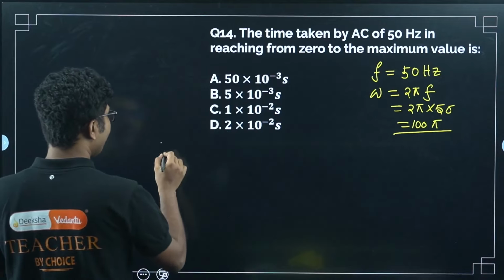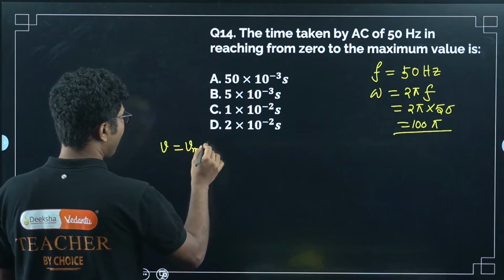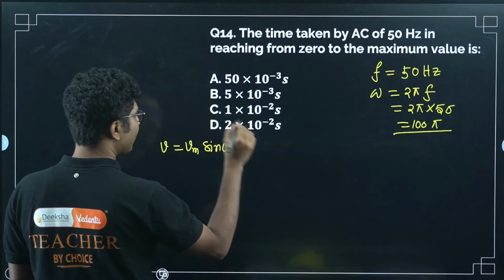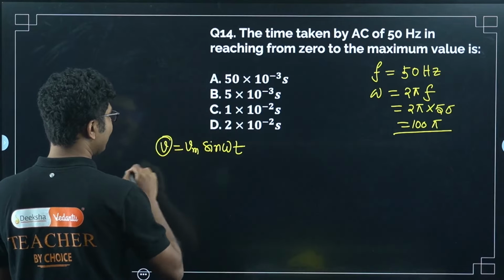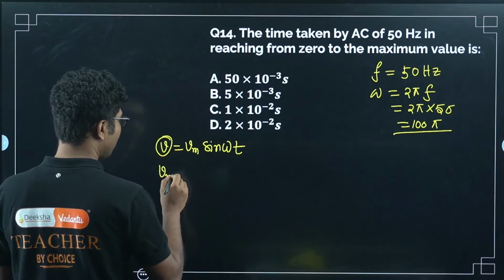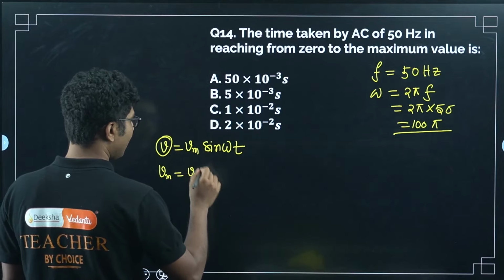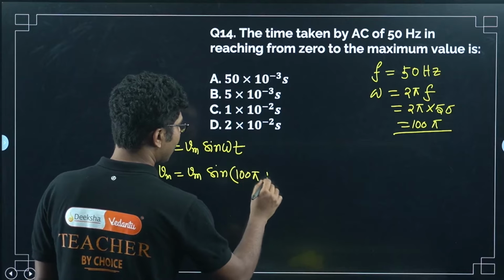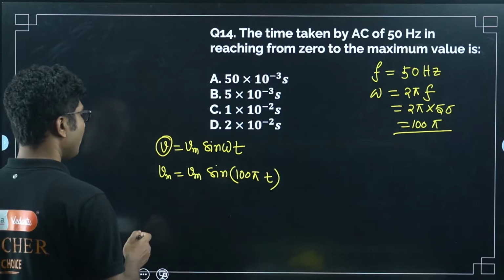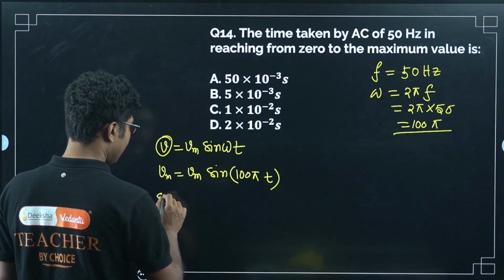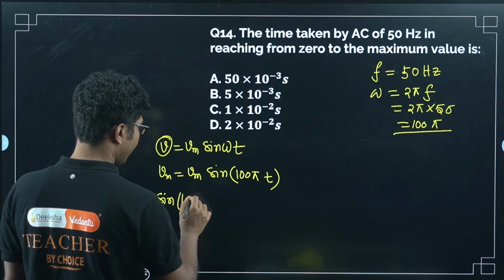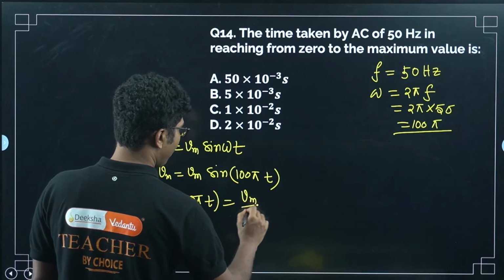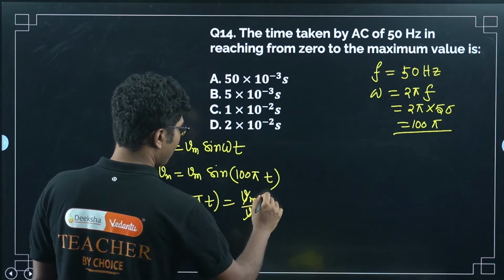Now we know that V equals Vm sin omega t, right? This is the standard AC formula. Now when this value reaches maximum, it will be Vm. So Vm sin omega t, where omega is 100 pi. We are trying to find this time t. So sin 100 pi t equals Vm by Vm, that is 1.